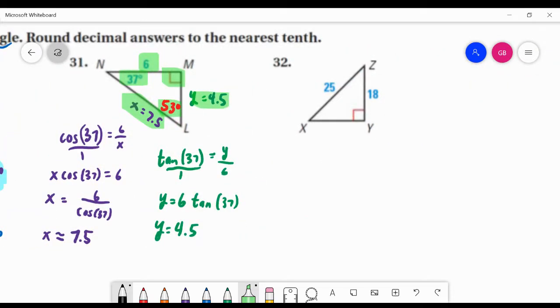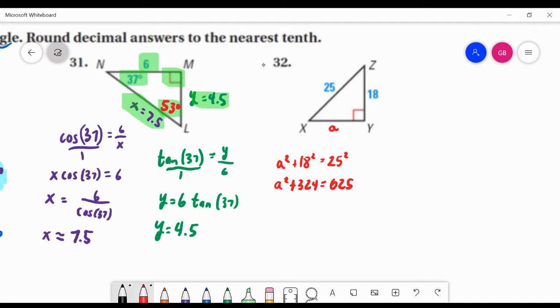Okay, 32. For 32, we have two side lengths. To find the third one, I'm going to go with the Pythagorean theorem. Let's call this A. A squared plus 18 squared is equal to 25 squared. So plus 324 is equal to 625.